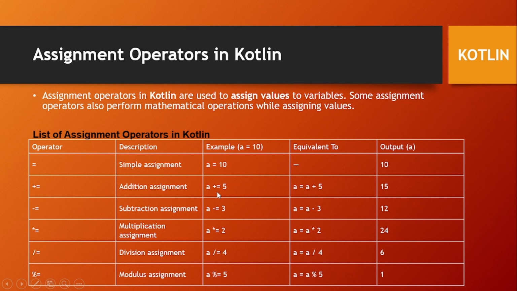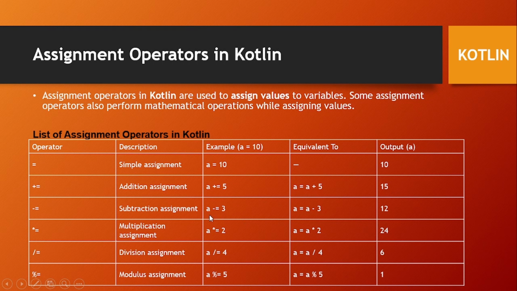A is 10 here, and we add 5 to it, and the result or output is 15. This operation is equal to the mathematical operation a = a + 5. Actually, a is 10, so 10 equals 10 plus 5, and the result will be 15.